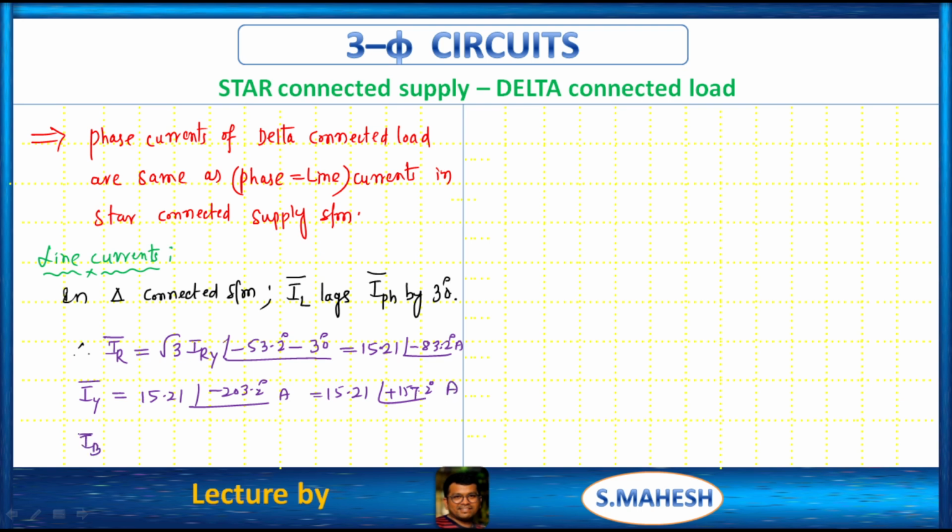Like that, the line current of phase B equals 15.21 at an angle 66.8 minus 30.